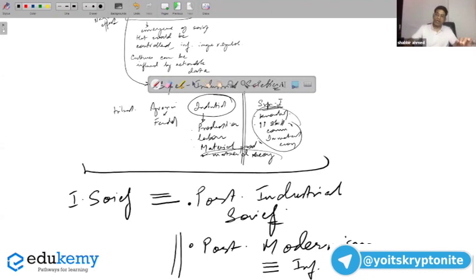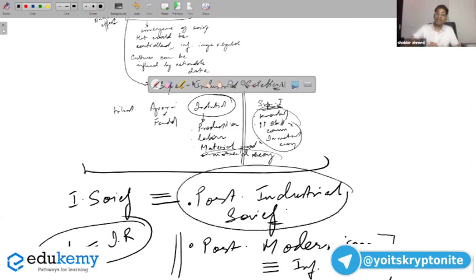Modernism, if you look at your traditional history, is almost equated with the industrial revolution. So what is postmodern? What is post-industrial? What is postmodern is also the information society. In this society, the dynamics of life and culture are very different from the dynamics of life and culture in the industrial world.